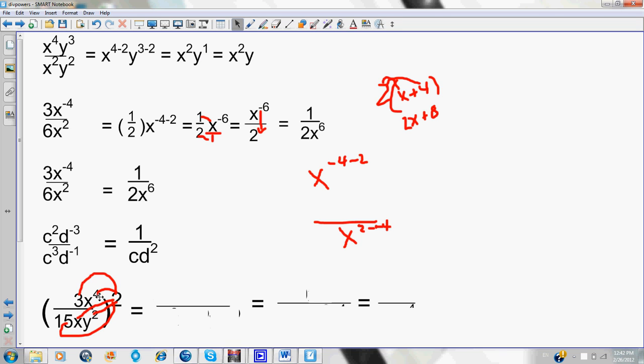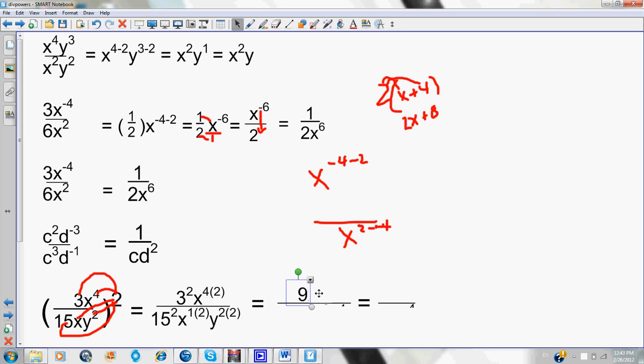So, 3 squared, and then we've also got x to the 4th squared. We'll have 15 squared. We'll have x to the 1st squared, and we'll have y squared squared. Okay, now that gives us 9. Okay, 3 squared is 9.